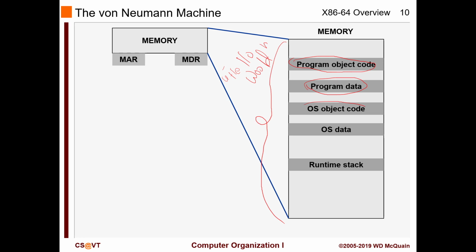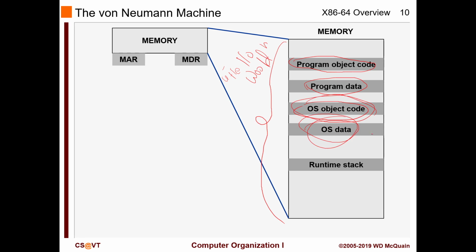And we have the OS object code. Every single program is actually OS dependent, and that's why we tell you to use your CentOS, because the same code will not work on other Linux environments such as Ubuntu, just because this part is different.